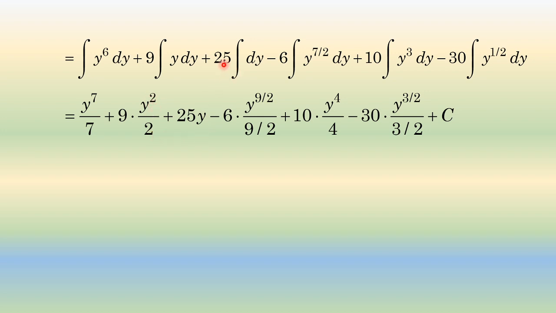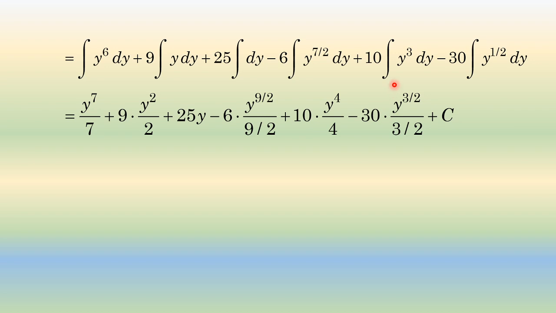The third integral, we have 25, so we apply here one of the general properties of the indefinite integral, general property number 1. So that is simply y times 25. Then we have negative 6 times the integral of y to the n dy. So we have y to the n plus 1, so plus 2 over 2, so 9 over 2, all over 9 over 2.